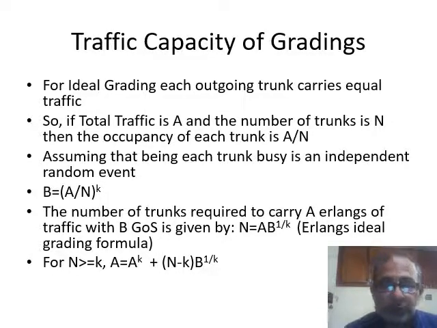So we multiply A over N, which is the occupancy of one trunk, and we keep on multiplying K times, because K is the availability of the system.